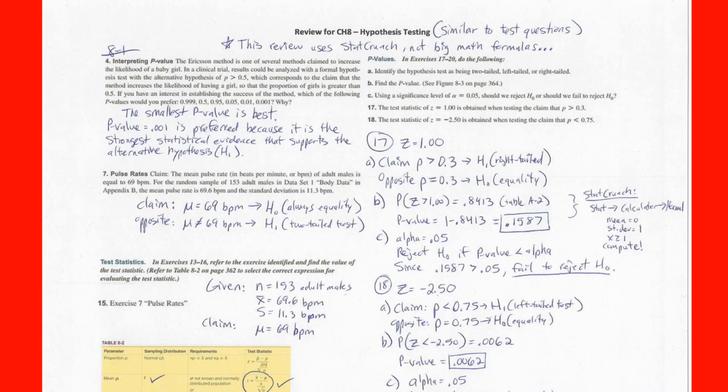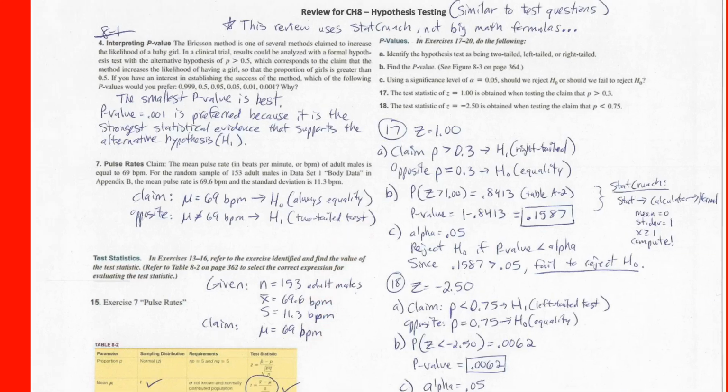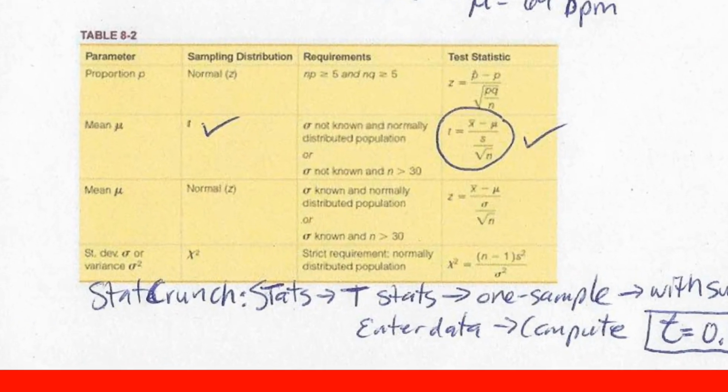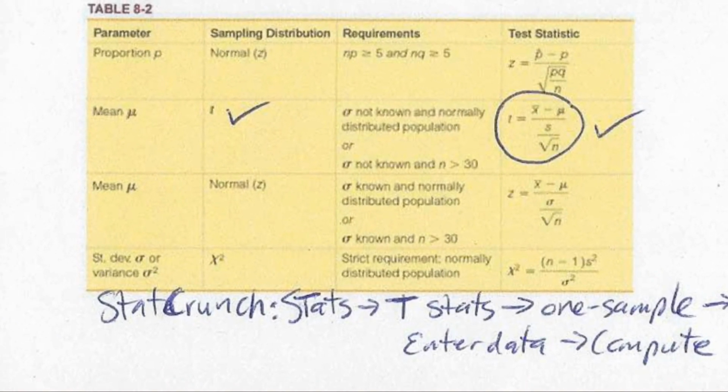These questions come from the textbook in each section, in the homework section. Basically I am picking some problems that are similar to test questions. And in this review, I'm only going to be using StatCrunch, okay? I know there are some big formulas, especially in Table 8.2, that I won't be using.